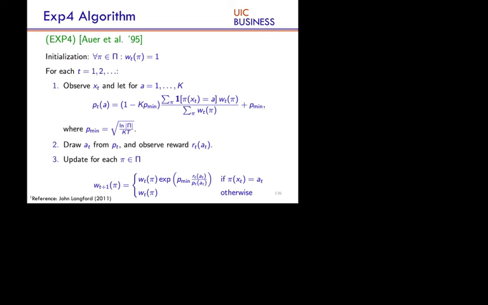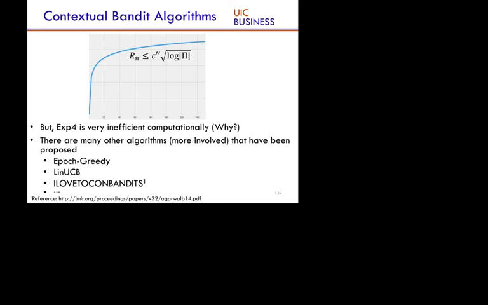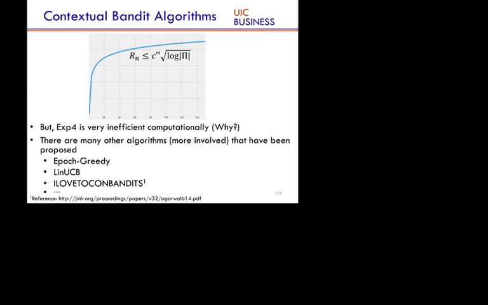You can see that the EXP4 algorithm also has some nice theoretical upper bound guarantees. In addition to dependence on the number of arms and the number of rounds, it will also depend on the number of policies in a logarithmic way. But it's inefficient computationally because you're maintaining a weight over every policy.